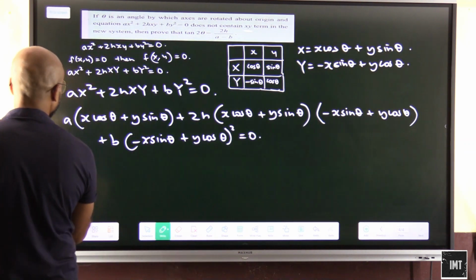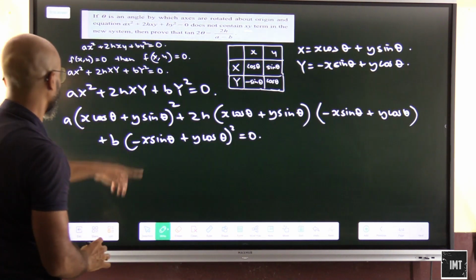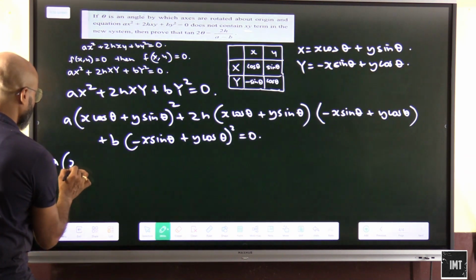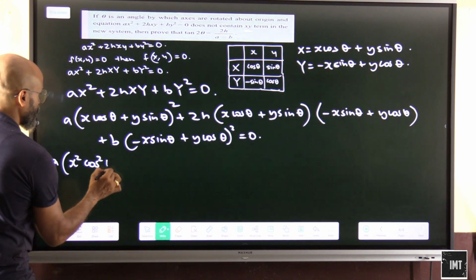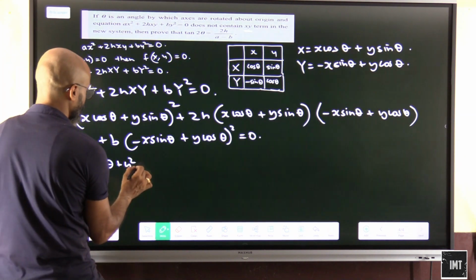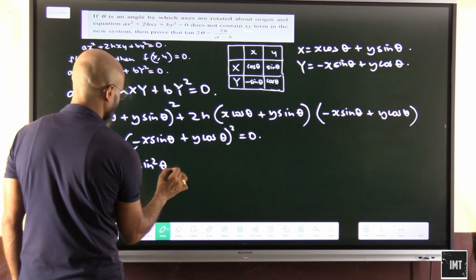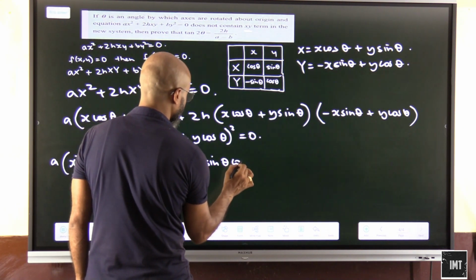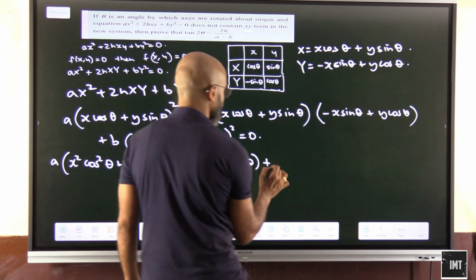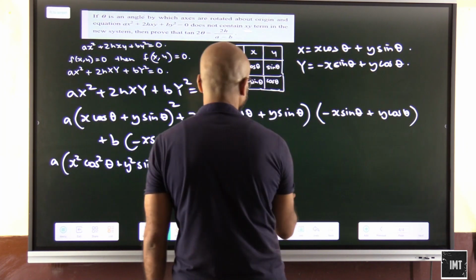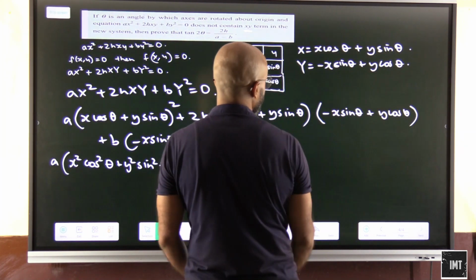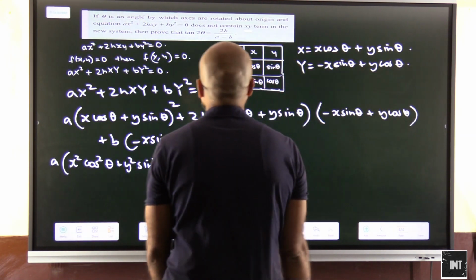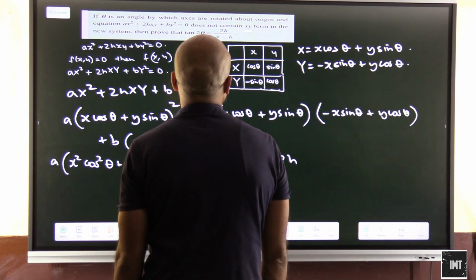Okay, so if I happen to expand this, that is a times (x cos theta plus y sin theta) square, this will be a into x square cos square theta plus y square sin square theta plus 2xy sin theta cos theta, plus 2 into h, this will be (x cos theta plus y sin theta) into (y cos theta minus x sin theta).